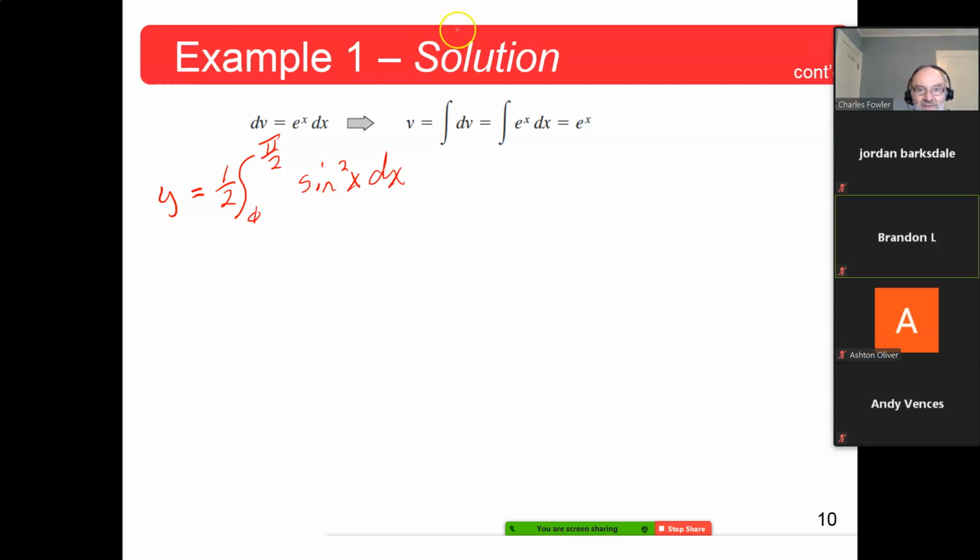Number one, we know that sine squared x is 1 minus cosine squared x, right? Now, that's what sine squared x is. But I'm trying to think, it's a double angle or a half angle formula.